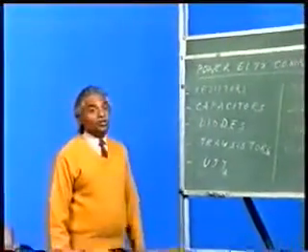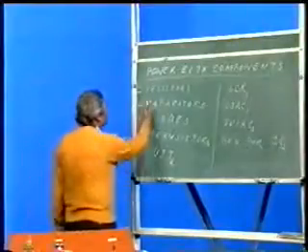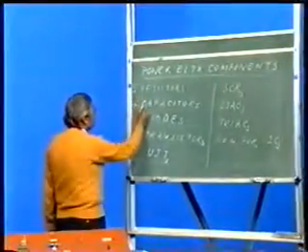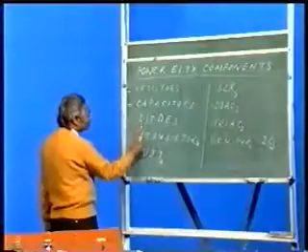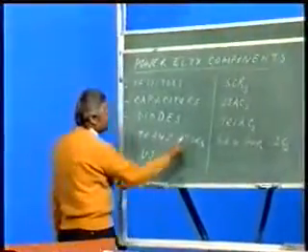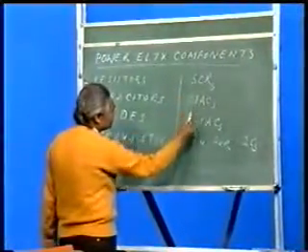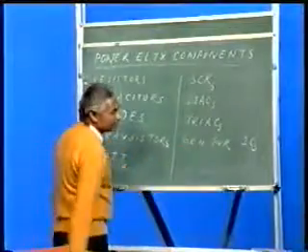Now to talk about the components, the basic components are the resistors, the capacitors, diodes, transistors, UJTs, uni-junction transistors, SCRs, silicon control rectifiers, diacs, triacs and general purpose ICs.